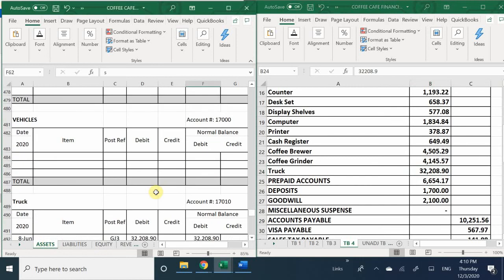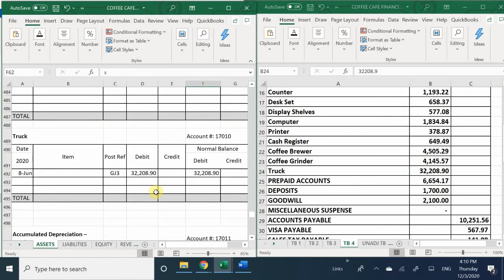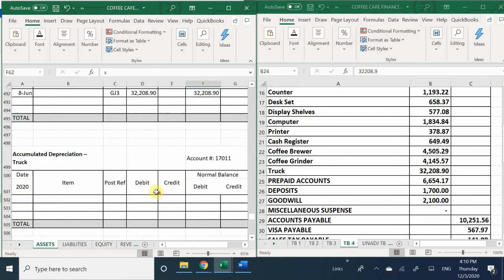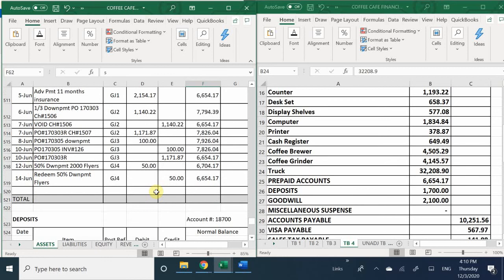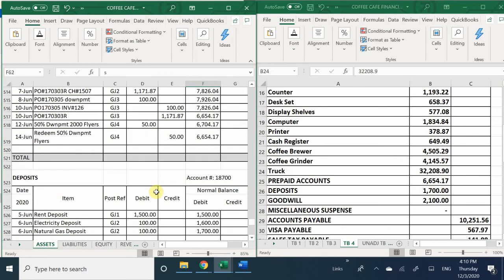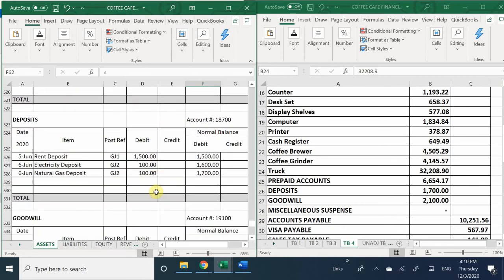Okay, so next is vehicles. Did our truck change? No. What about our prepaid accounts? No, it's still 6654.17. What about our deposits? They did not change.